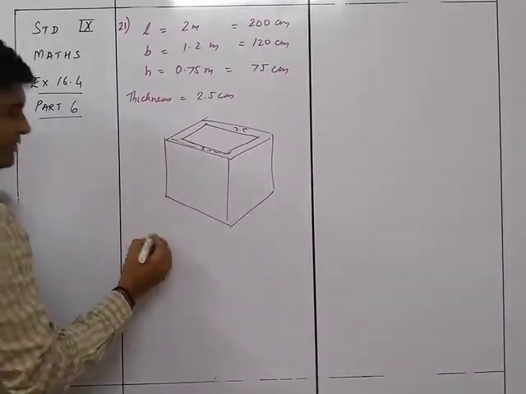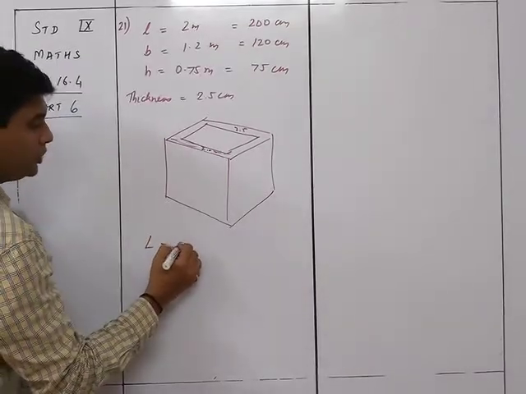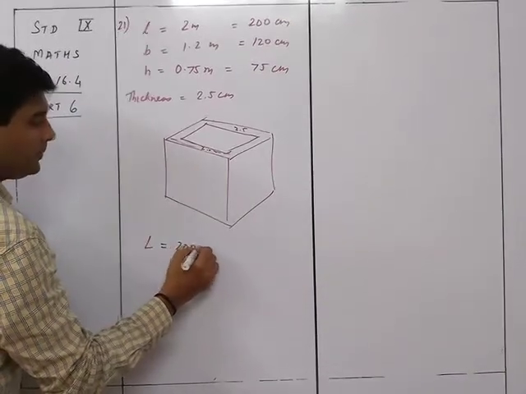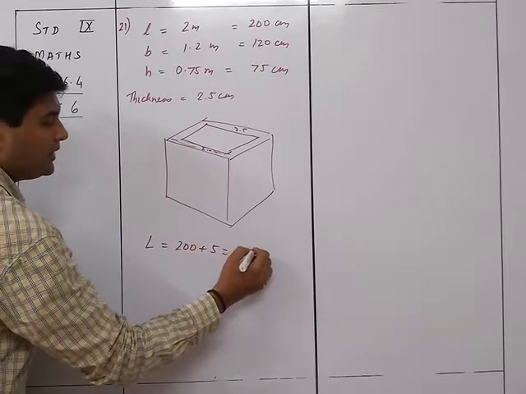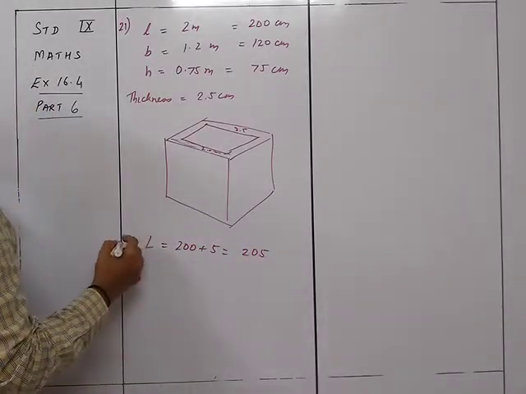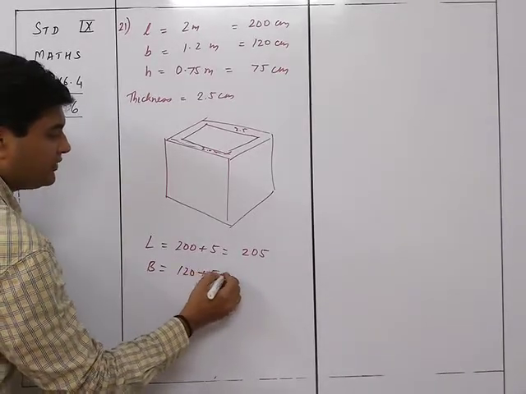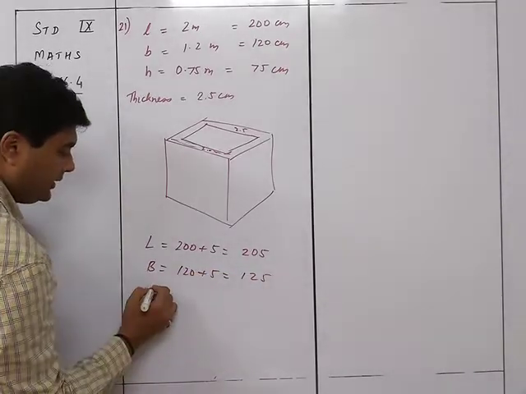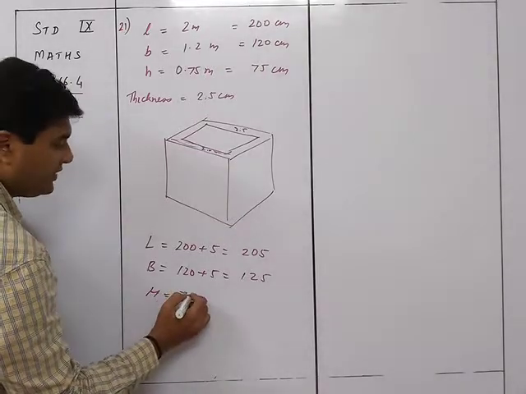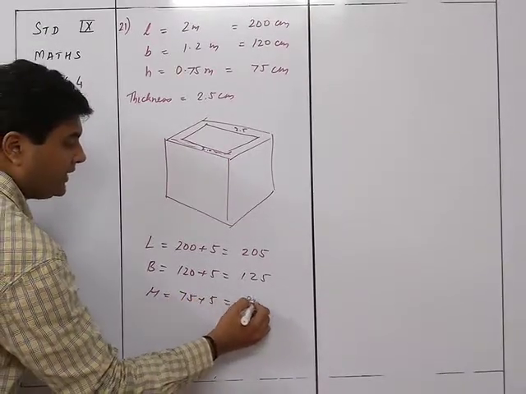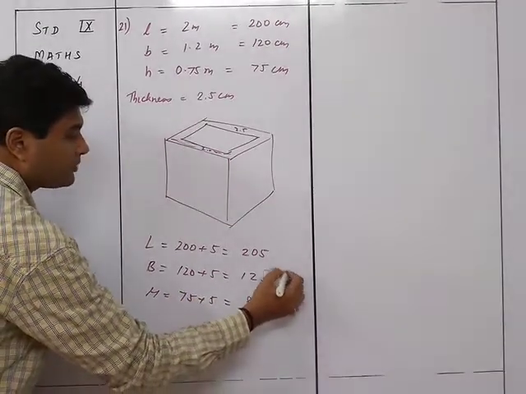Accordingly we will have the length equal to 200 plus 5, which is 205. Breadth is 120 plus 5, which is 125. And height is 75 plus 5, which is 80 centimeters.